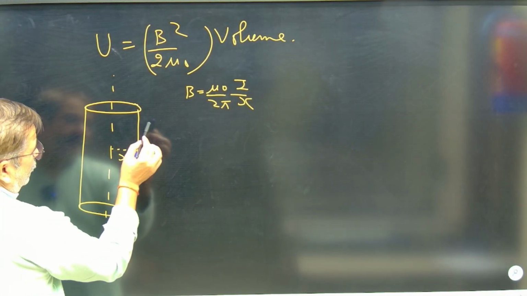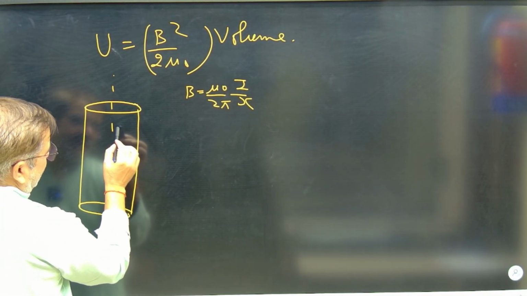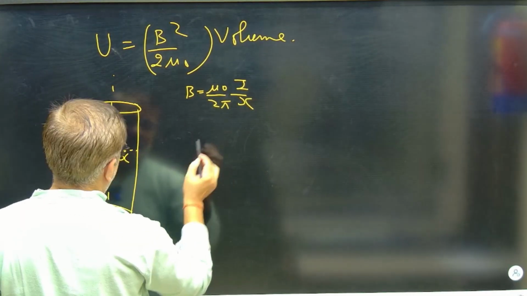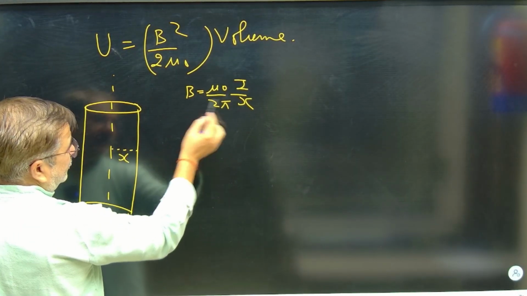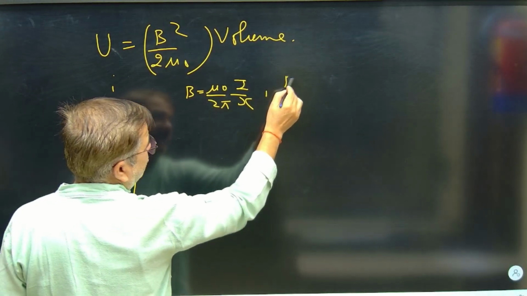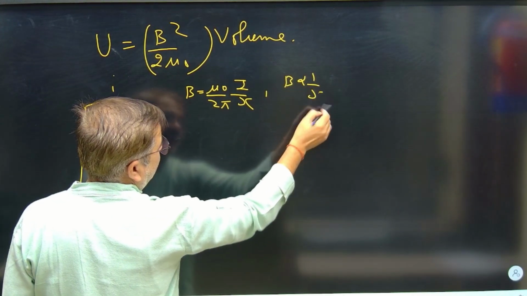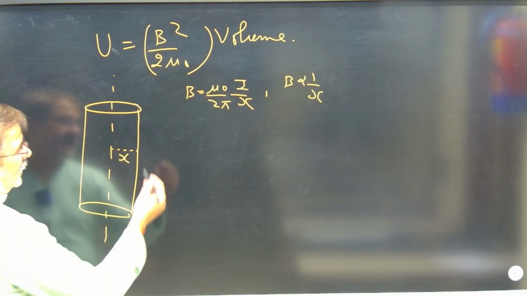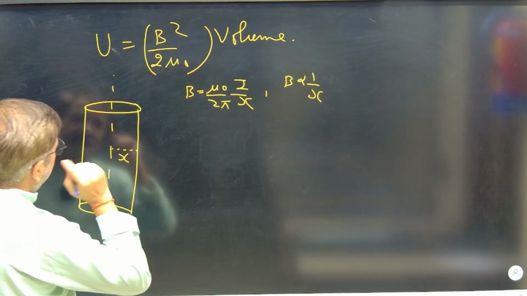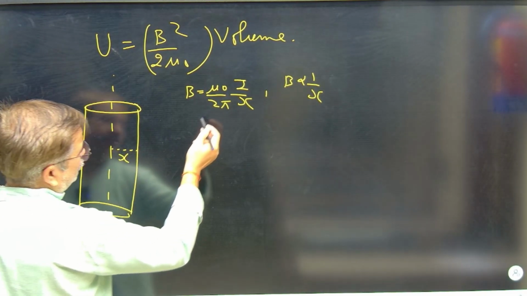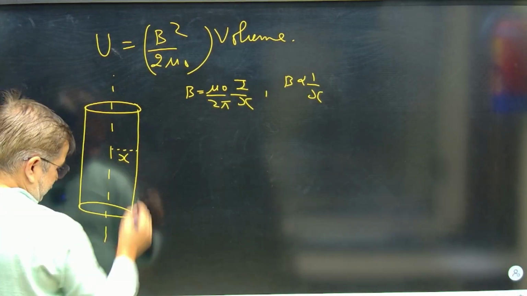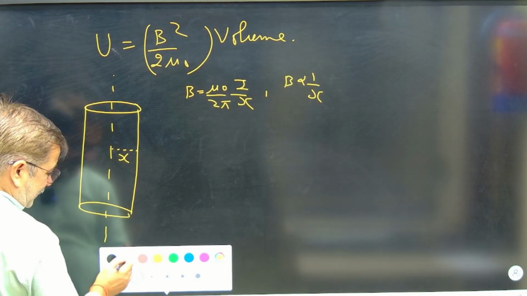What we know, for any cylinder gap between A to B, you will find this B is not constant. This B is varying inversely with x. So for the volume, I will see these magnetic field lines associated with some cylinder of radius x that I have taken.